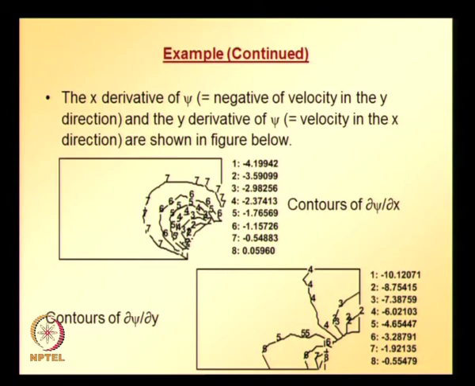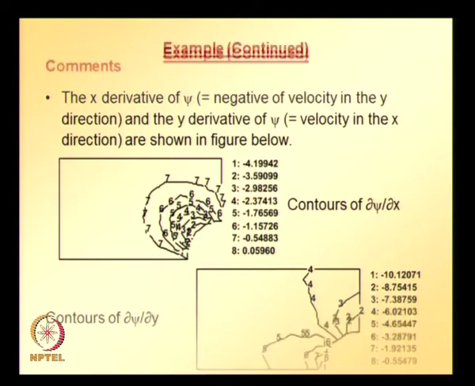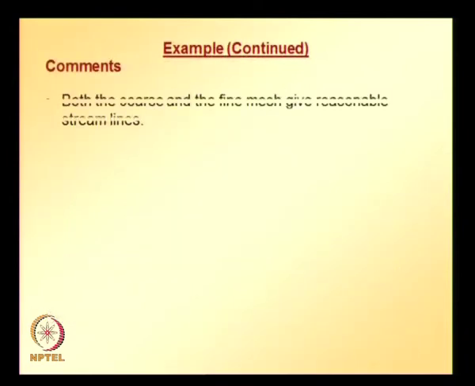So, we solved this problem using 24 elements and 96 elements. Let us see how the solution matches. Both coarse and fine mesh give reasonable streamlines, that is expected, because the solution itself may converge very fast, whereas derivatives of the solution require a finer mesh.